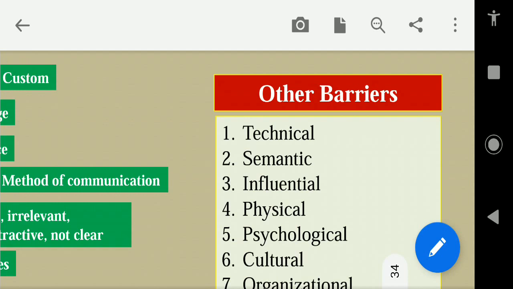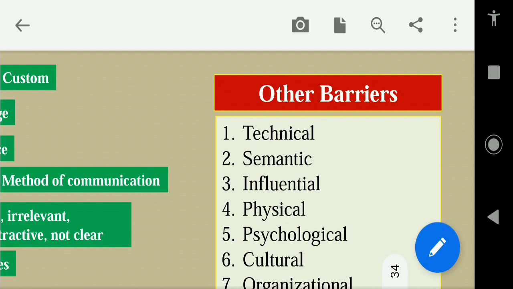If the message is inaccurately transmitted and interpreted, then we can say that it is a technical problem. Certain undesirable elements creeping into the process are responsible for this, such as a blurred picture, and error in transmission leading to distortion of the message.